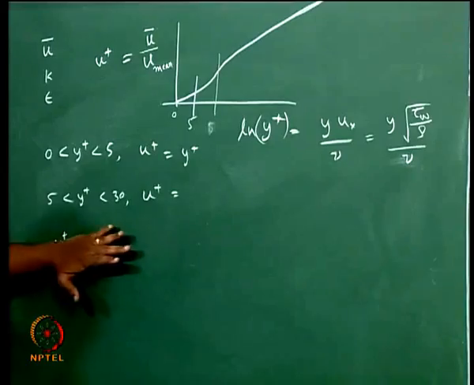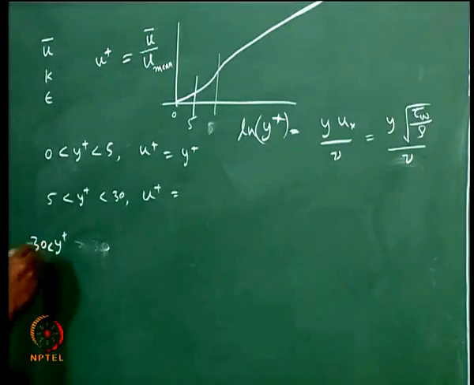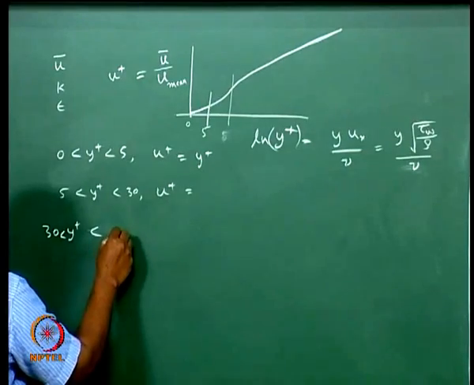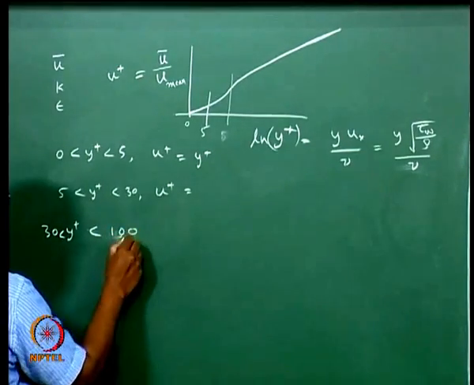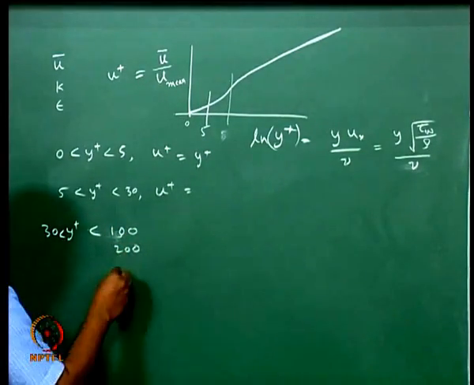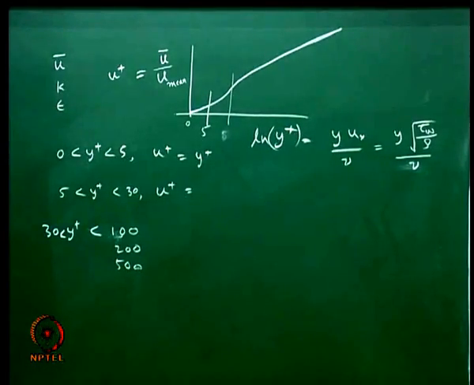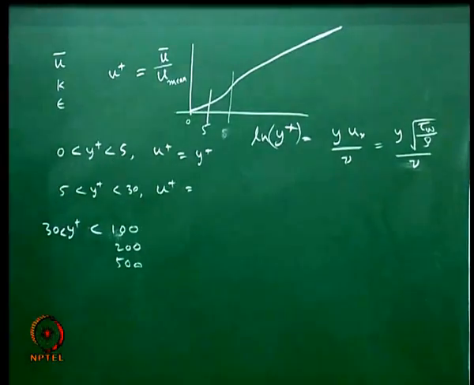okay, and so we can put it like this, 30 and up to well into the flow, of the order of say 100 or 200 or even 500, depending on the flow and what sort of pressure gradient we have and all that.